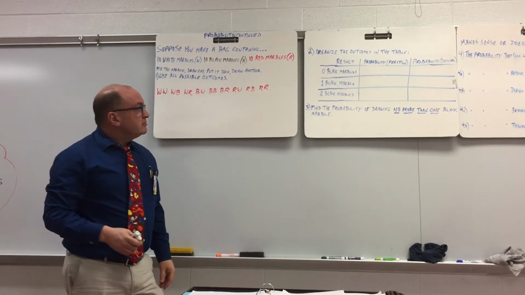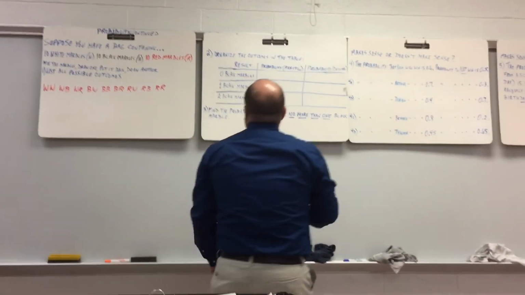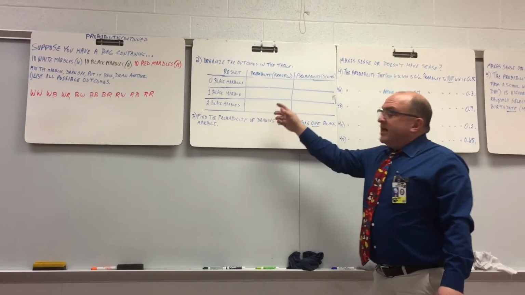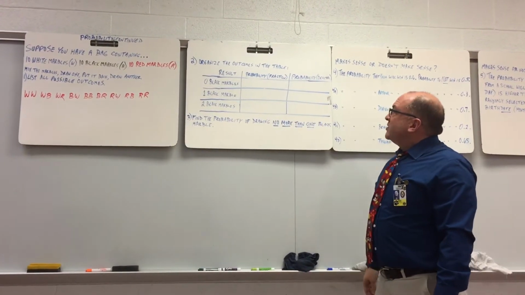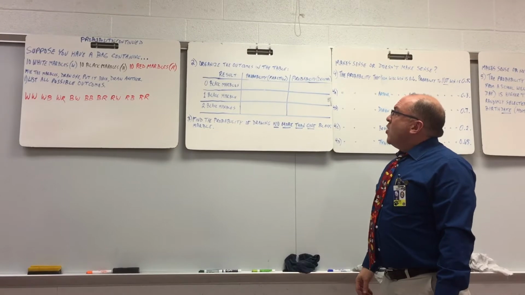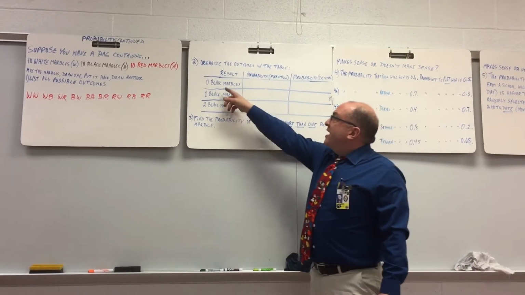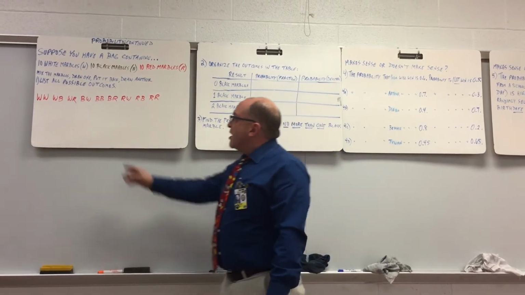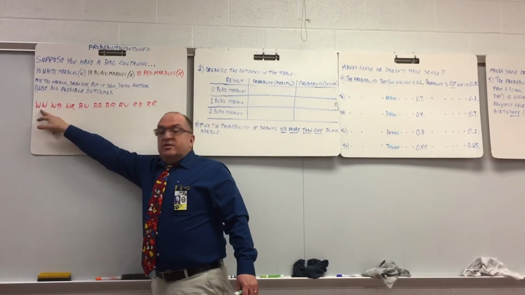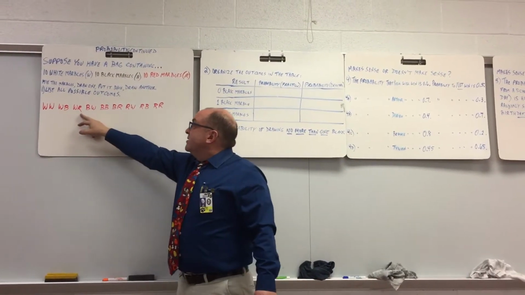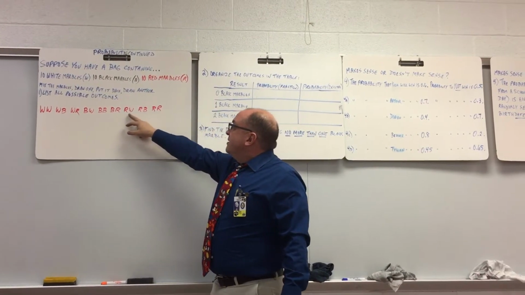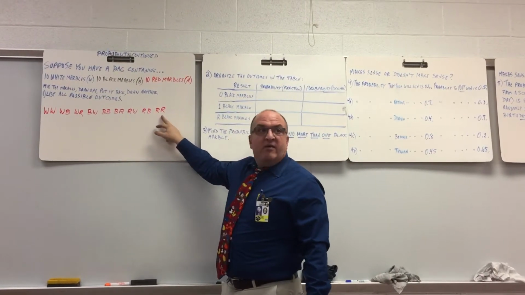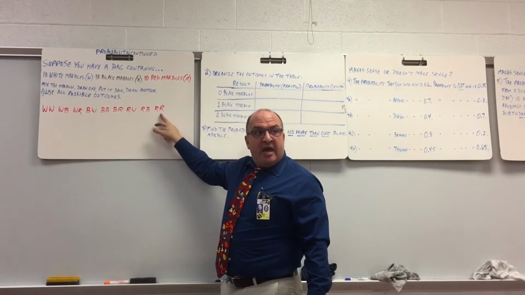Over here, I'm going to have you organize the outcomes in this table. What is the probability of getting 0 black marbles? There's no black marbles here, here, here, here. 4 out of 9, right?